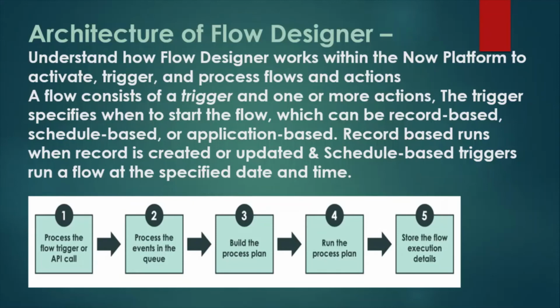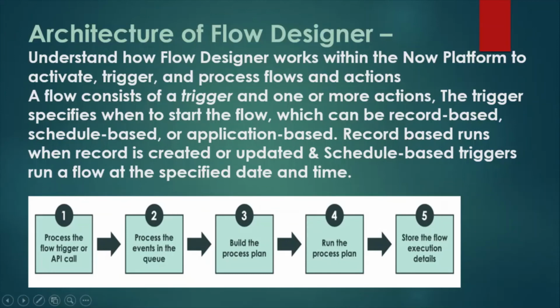With schedule based, we can schedule the action and run it at a specific time. It can also be application based, like based on an SLA condition or any other application, it can be triggered.